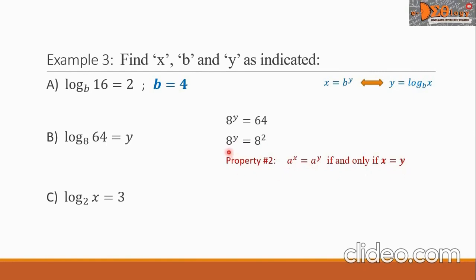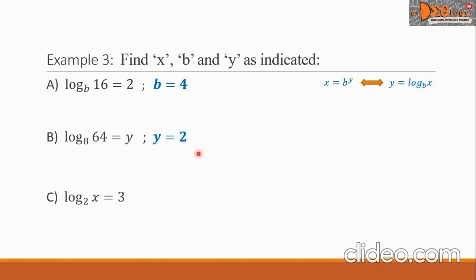I can see that I have same base, so it means I can copy the exponent of the left side, which is y, and this is equal to the exponent of the right side, which is 2. So I have now this equation, y equals 2. And this is the value of y that I want to derive from problem B. So I'll just copy this answer opposite letter B. The y equals 2.